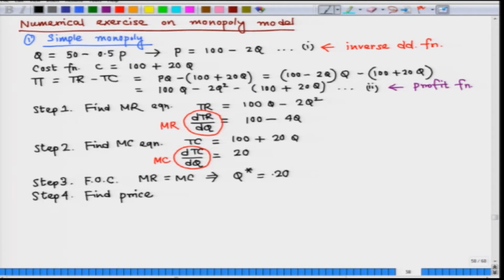So, if we plug this q star equal to 20 in my expression number 1, which is my inverse demand function, then basically I get P star equal to 60, right. Okay. Now, the next important thing, although optional, is basically to find the monopolist's profit.